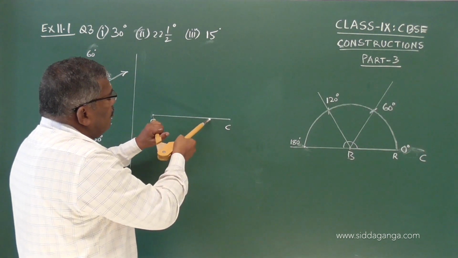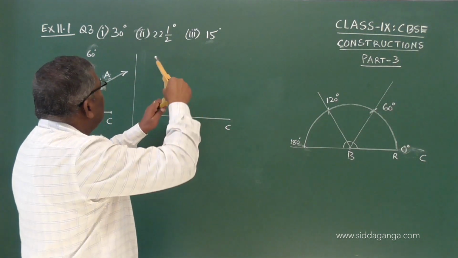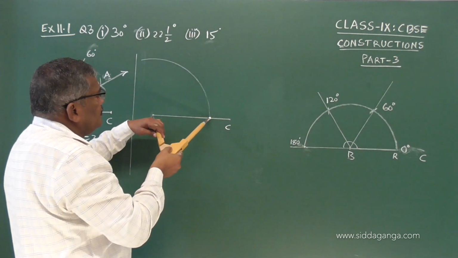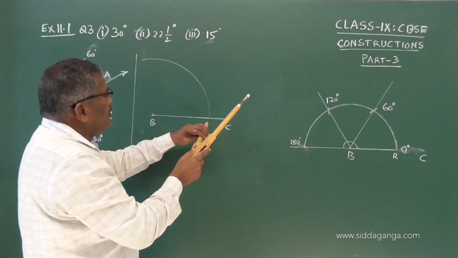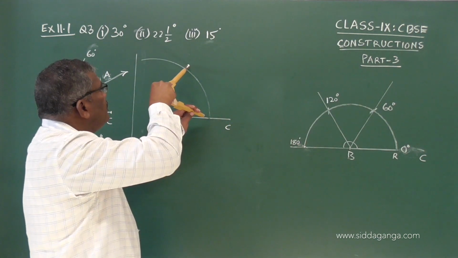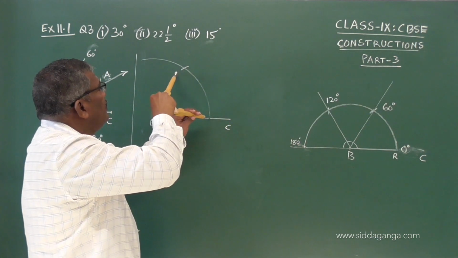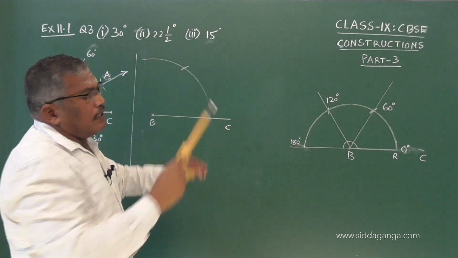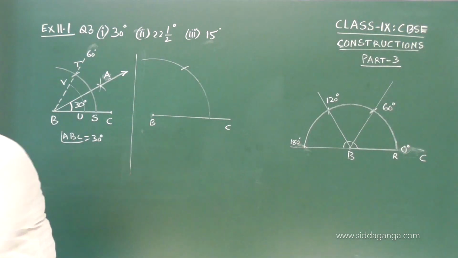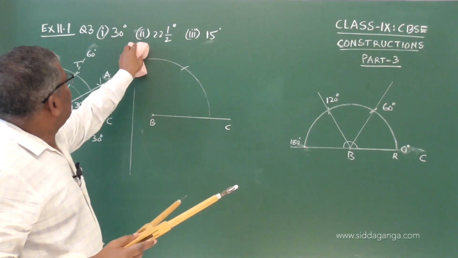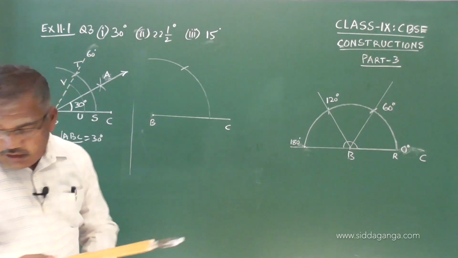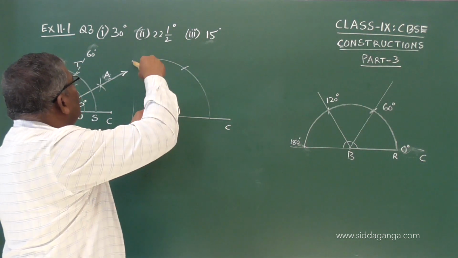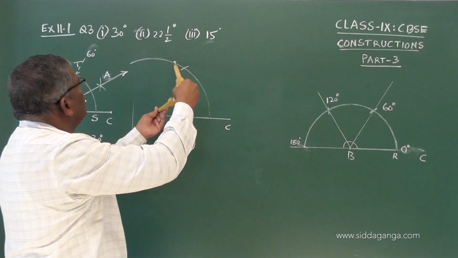So with more than half of BC as radius, you draw an arc like this. Now from this point, if you cut it, you know that this will give a 60 degree line. So I will have to extend this up to this.